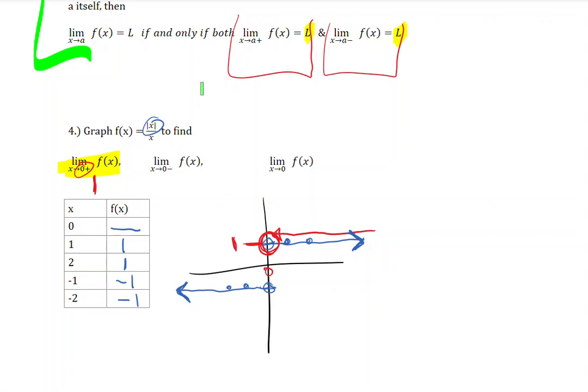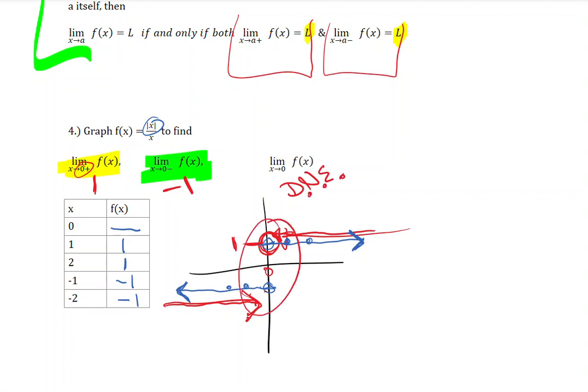Now compare that to the middle one, where I'm coming from the left-hand side of the graph. As I approach 0, what is the height? The height is only negative 1 because it's following those negative numbers. Because I'm approaching on the left side to this number and the right side to a different number, they're clearly not the same. The limit does not exist because they don't match up.